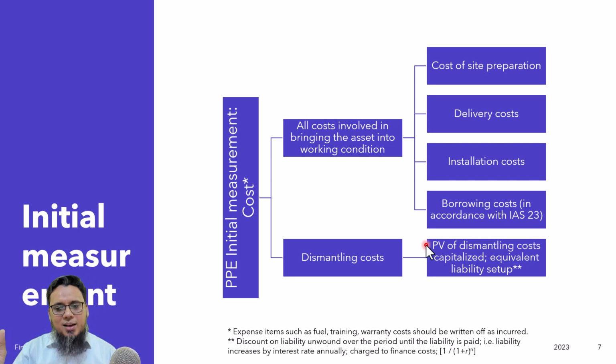And obviously you should have an equivalent liability set up, because you are recognizing an asset. There has to be a second leg of the entry, so that liability has to be set up.